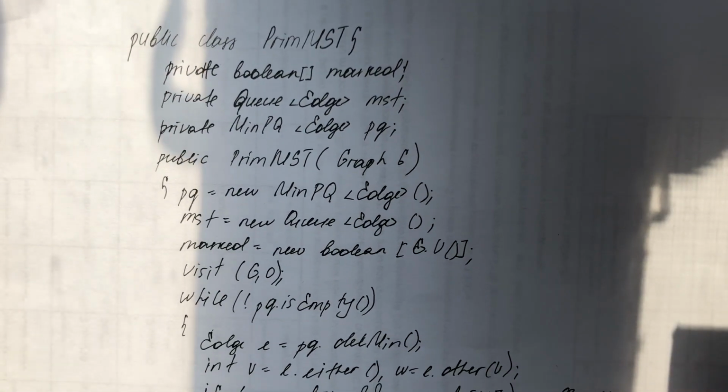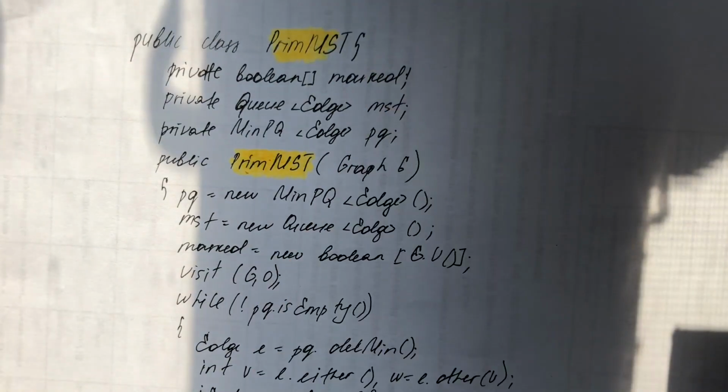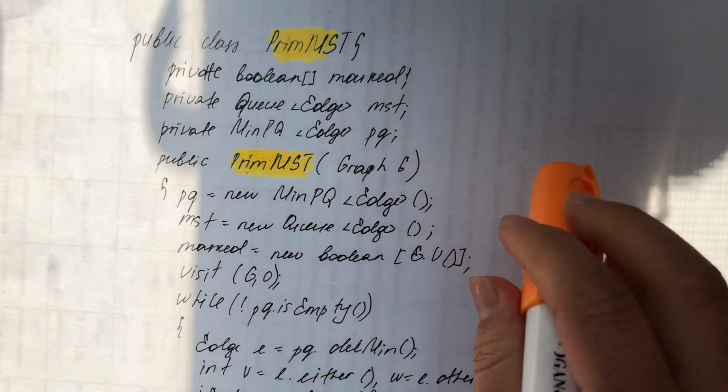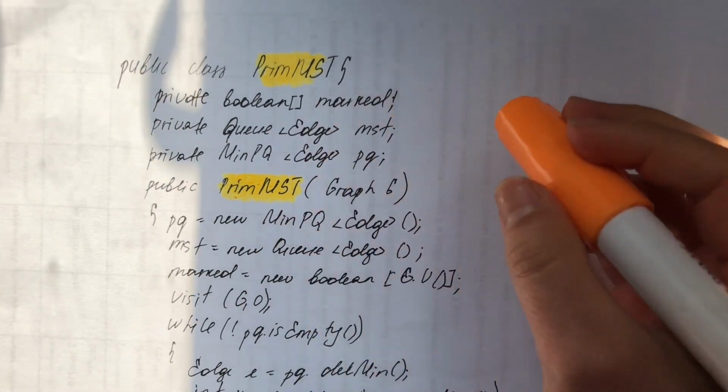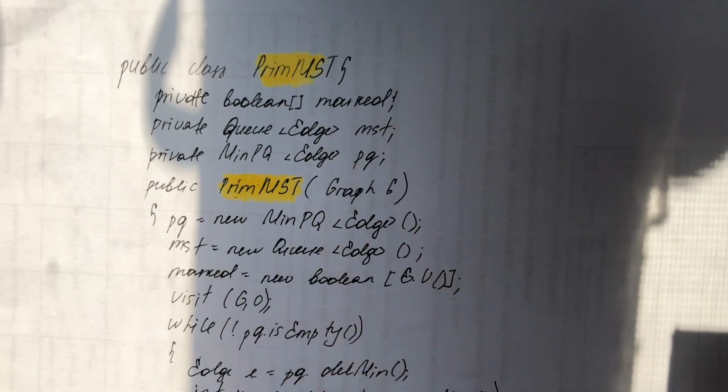So here we have a class PrimMST, and we start by creating the minimum priority queue, and our final minimum spanning tree will be in the structure of a queue.